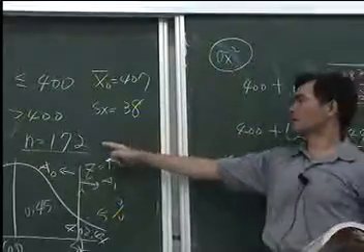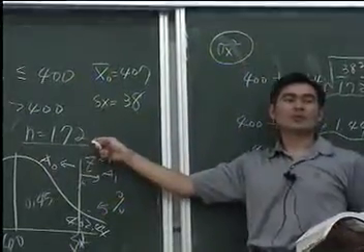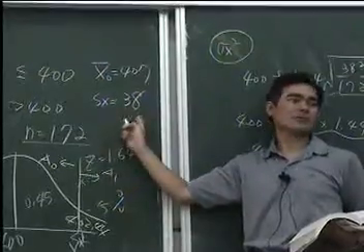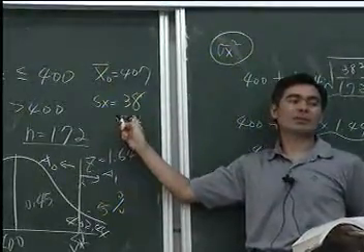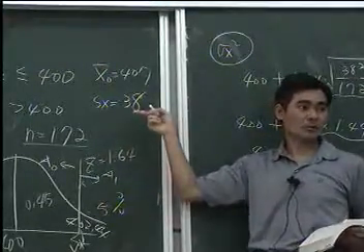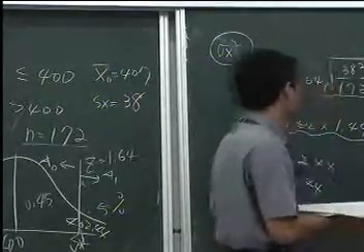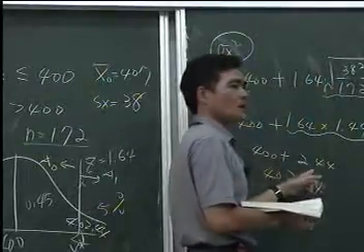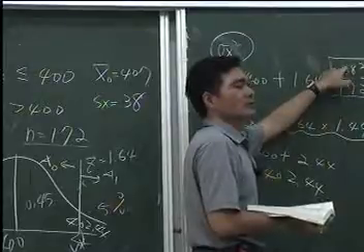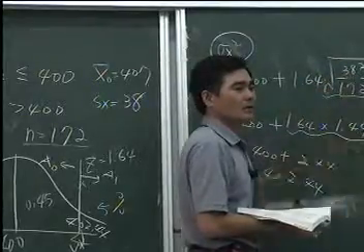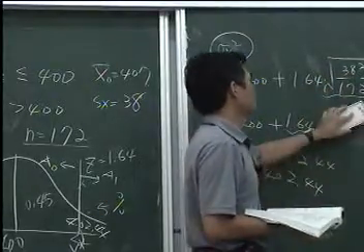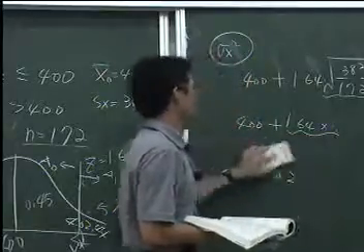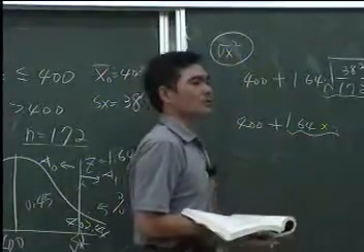But in this case, do we know the population variance? We don't, right? Yes, we do. How much is here? Yeah, 38 squared. Okay, no problem. So what should be the number?